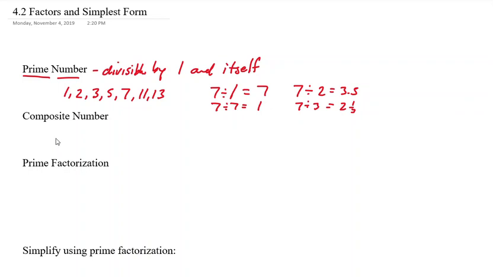Okay, so what's a composite number? Well, a composite number would be the opposite of that. A composite number is any number that you can divide evenly by something besides 1 and itself. Okay, so let's go through our list. 1, 2, 3, 4. How about 4?